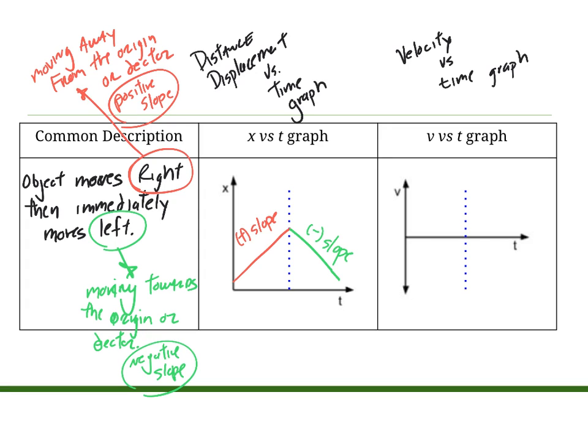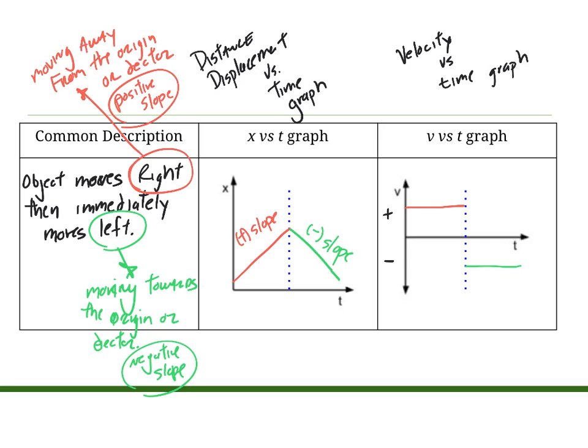Okay? So how would I represent that in my velocity versus time graph? Well, if this is the positive part of the velocity versus time graph, and this is the negative part of the velocity versus time graph, I would draw my positive velocity to this point, and my negative velocity to this point.